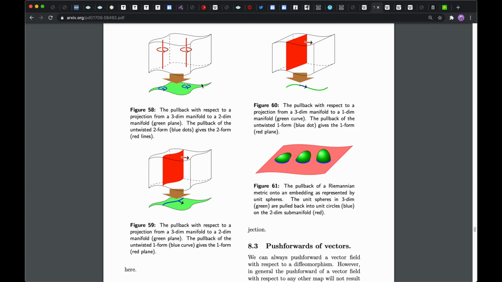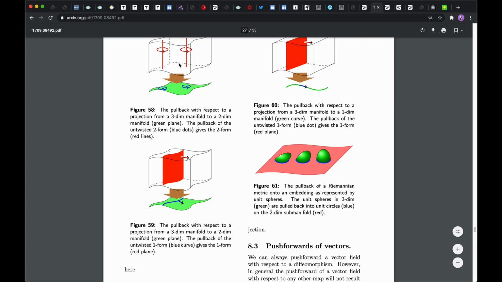For example, in figure 58 here, you have a smaller dimensional green plane, and you have those dots here, which are just two-forms in a plane, and you kind of need to pull it back over the projection, and therefore those dots will go into the lines in the higher dimensions, and their orientation will be preserved basically and just lifted up to those lines.